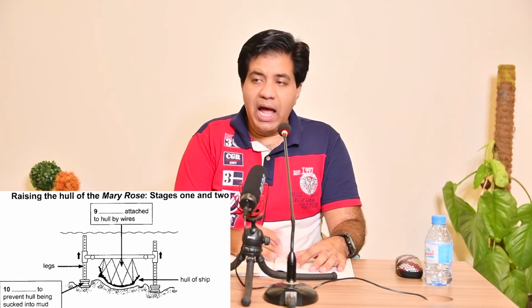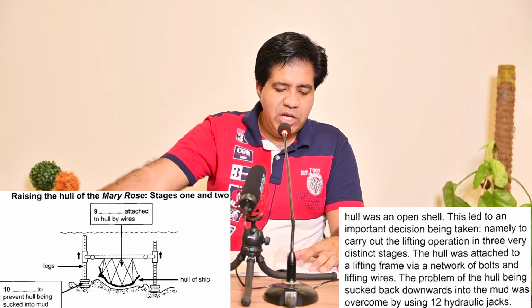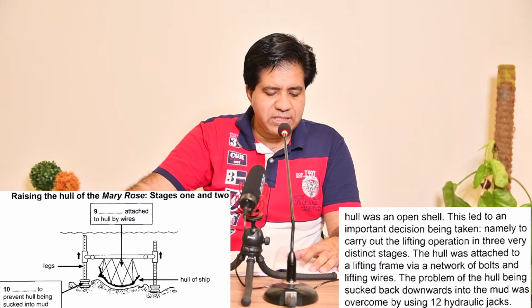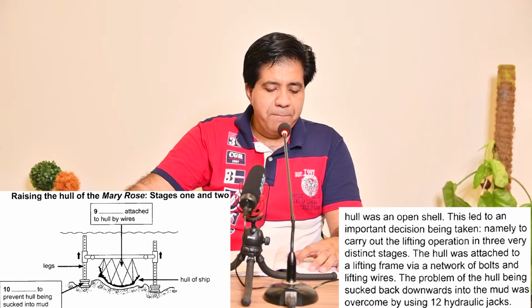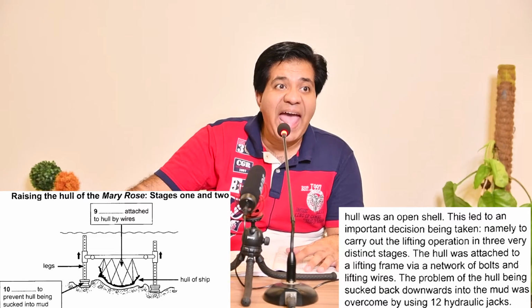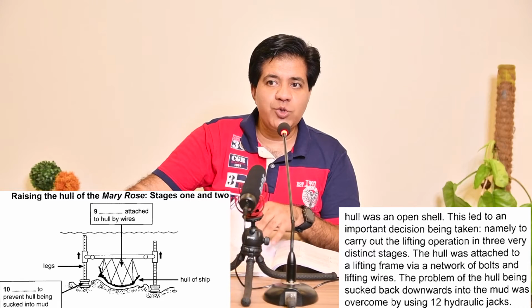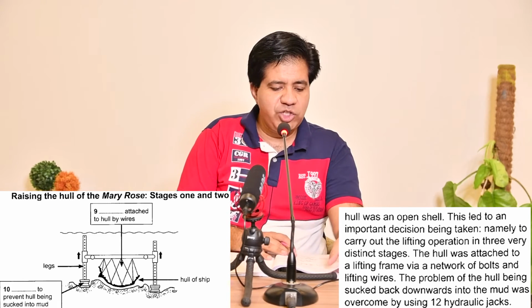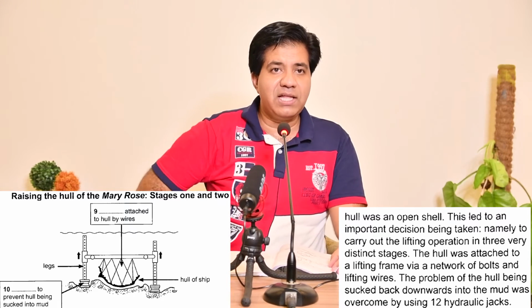So, I'm reading the same paragraph. Please follow me. The problem of the hull being sucked back downwards into the mud was overcome by using 12 hydraulic jacks. Now, if you write 12 hydraulic jacks, will that be the right answer?